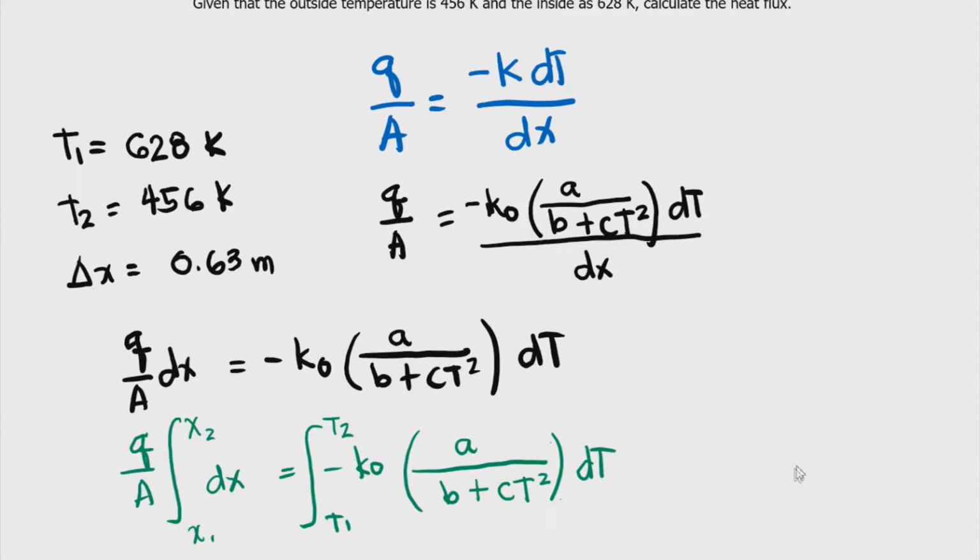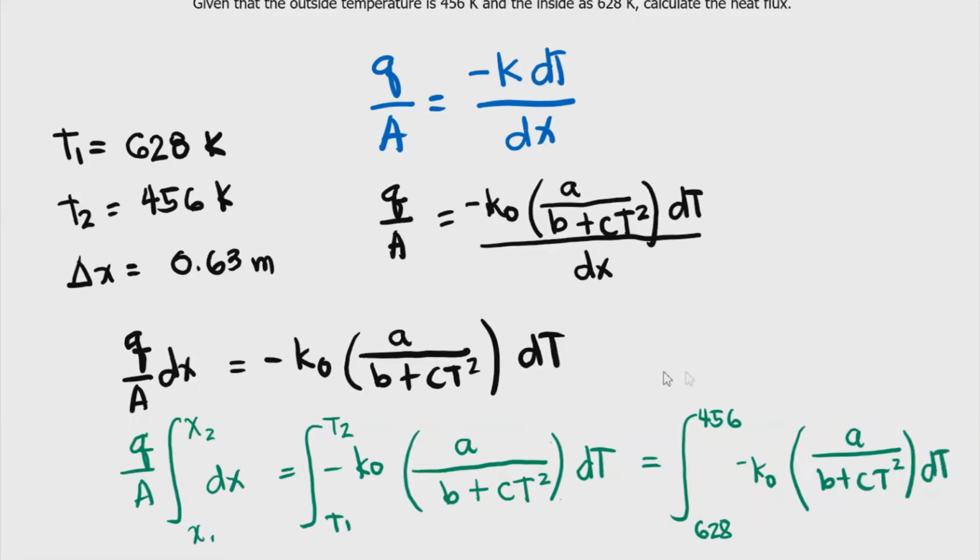Okay. And with that, we can now just simply rewrite this in terms of 628 and 456, then negative K sub O, and then A over B plus CT squared dT.